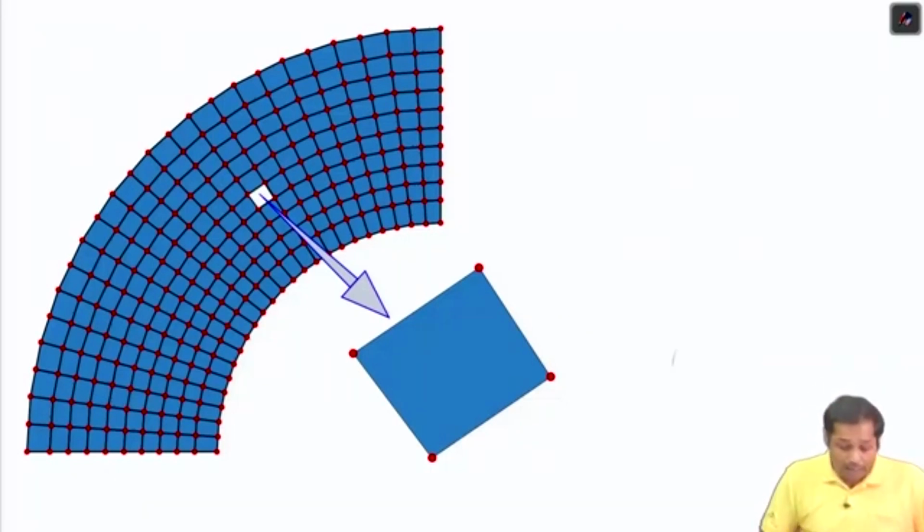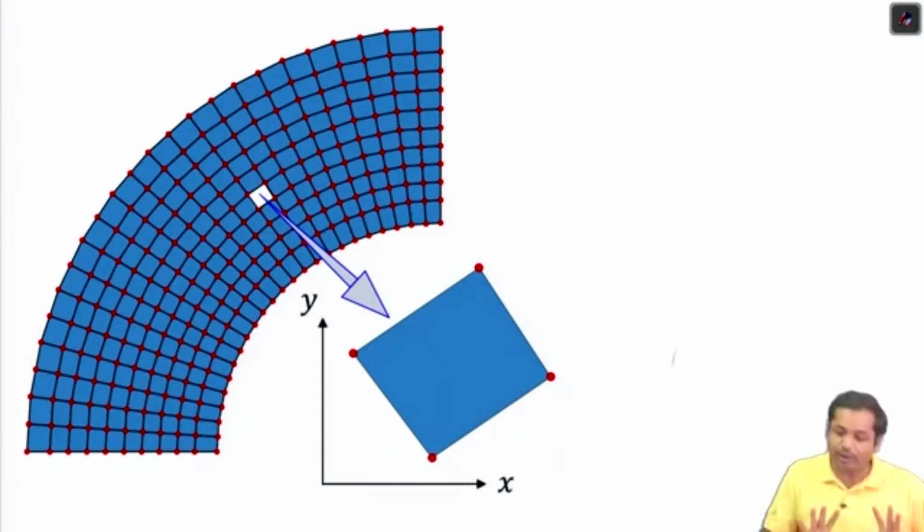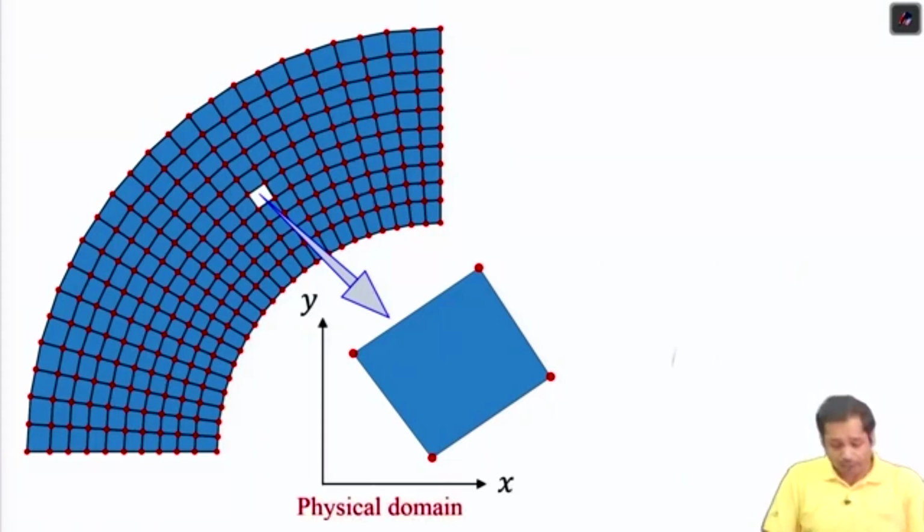So we have to eventually deal with this kind of element. How to construct shape functions for elements which are not rectangular? We have to see that. The approach we will follow is this: okay, this is in the xy coordinate system. We have this element, and this is our physical domain. Now let us define a domain.